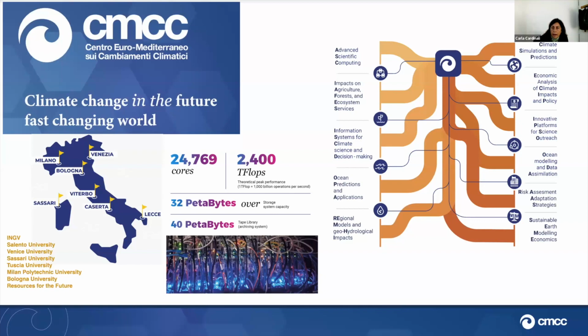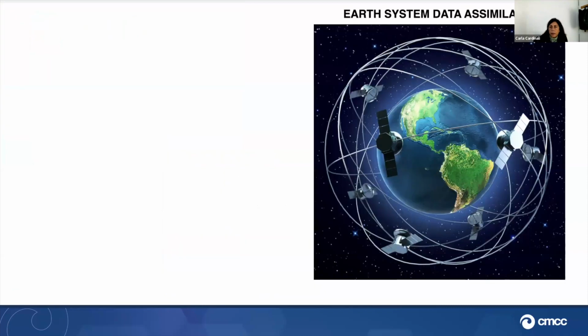That counts about 11 divisions, and in particular, the climate simulation and prediction division is the division where data assimilation, coupled data assimilation is sitting. And so the data assimilation system is an activity very young that has been created 3 years ago at CMCC.